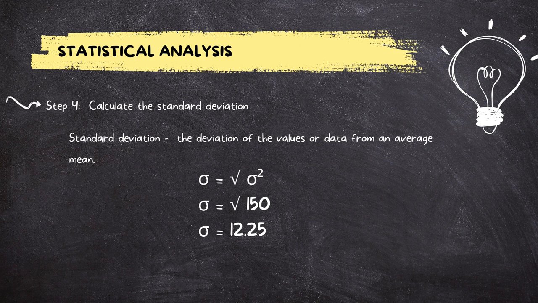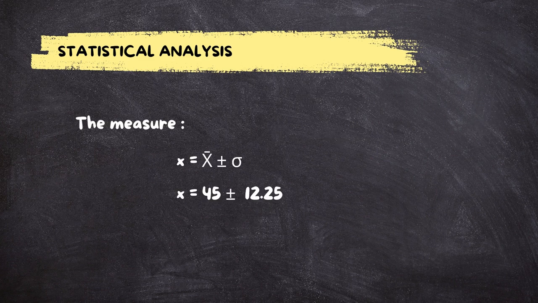So it would be standard deviation equals 12.25. So the measure would be x equals x bar plus or minus standard deviation. So it would be x equals 45 plus or minus 12.25.